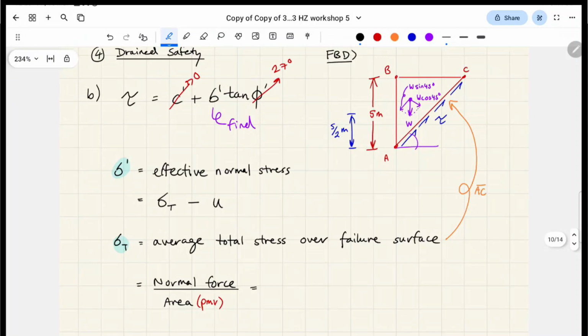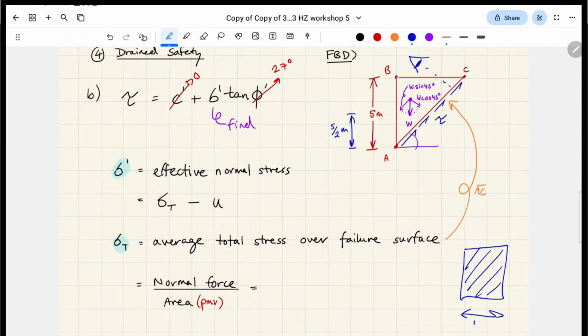We're looking at this failure plane, pretend this is per 1 meter run, and this angle here is AC.